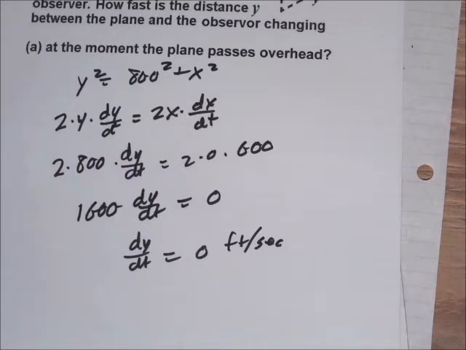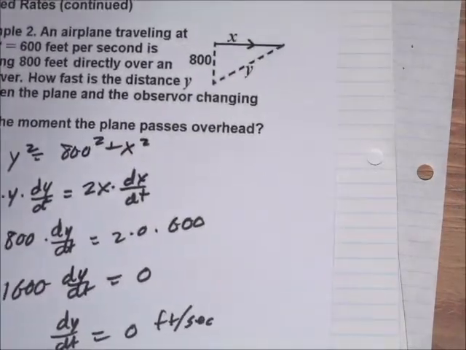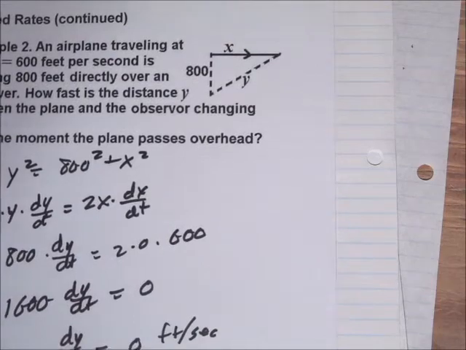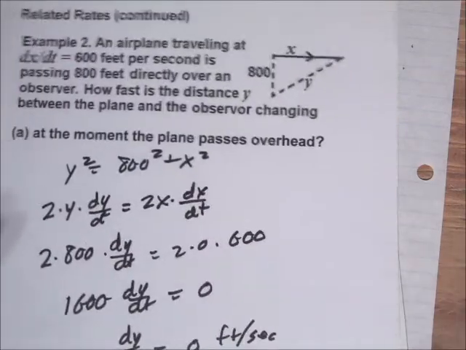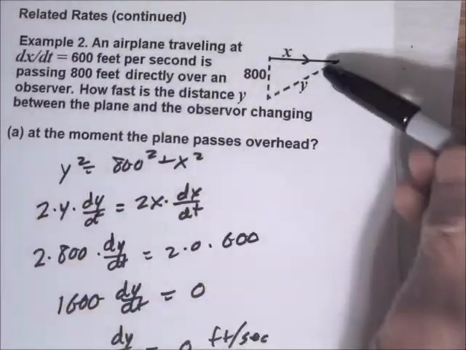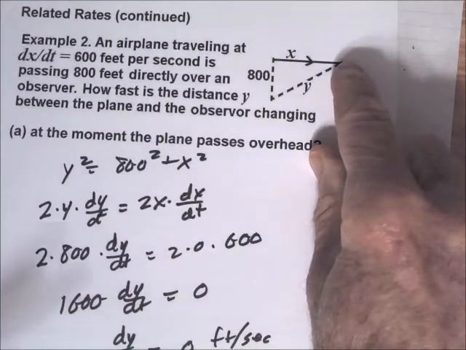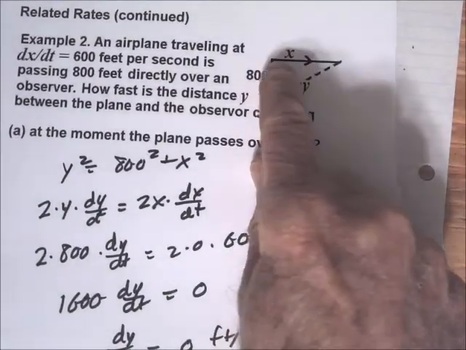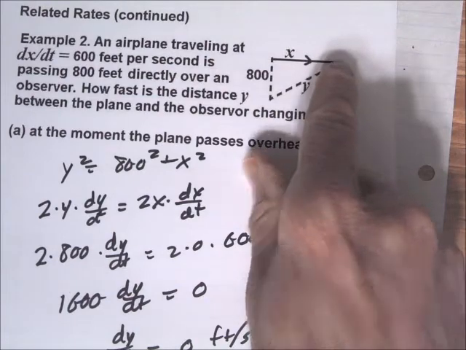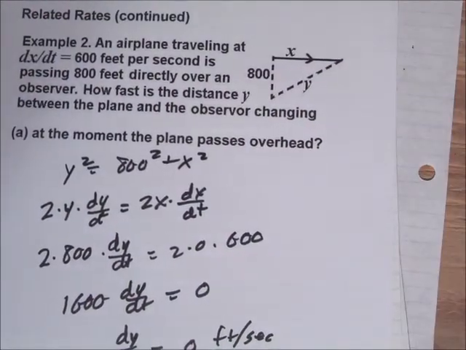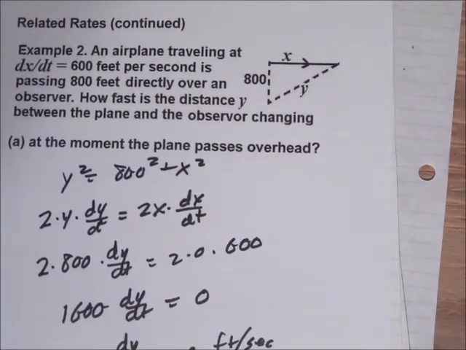Okay, so part B, let's redo this, but let's find how fast y is changing after 1 second. After 1 second, the plane has traveled 600 feet and is no longer directly over the observer.